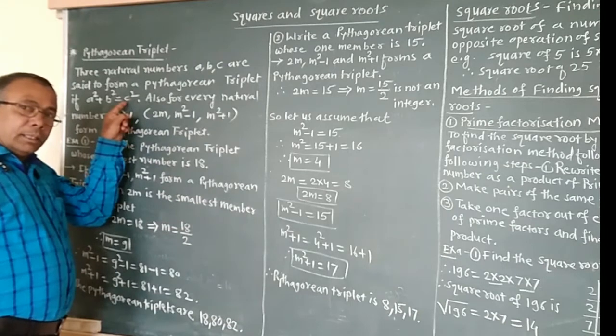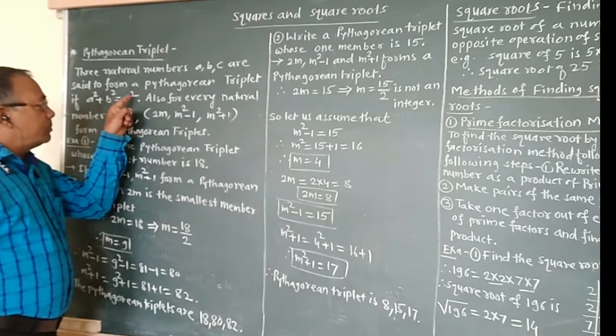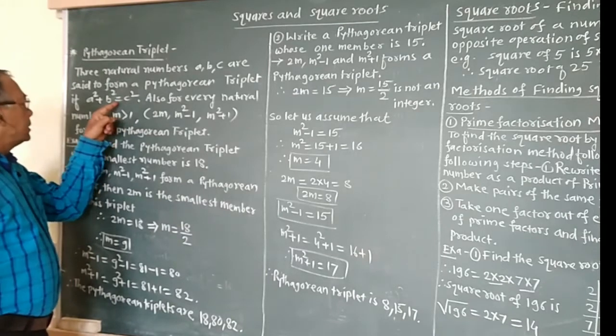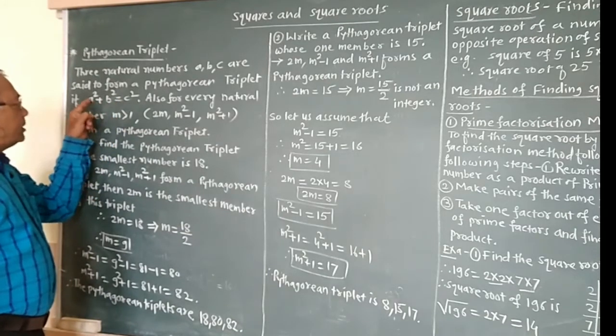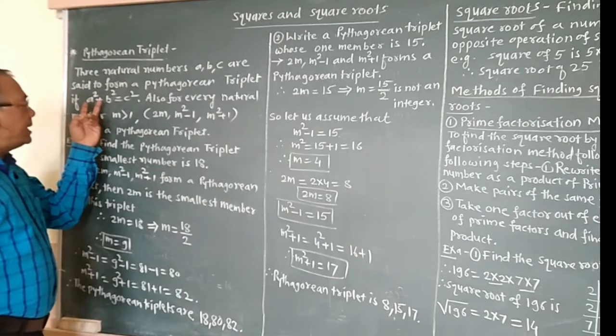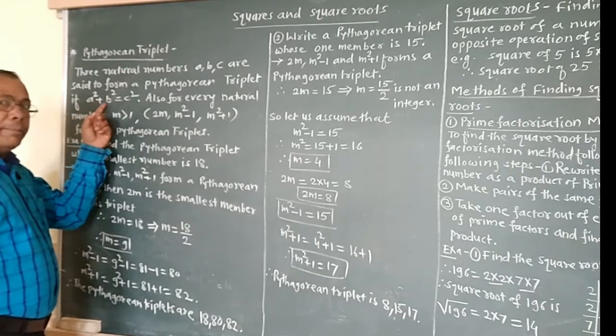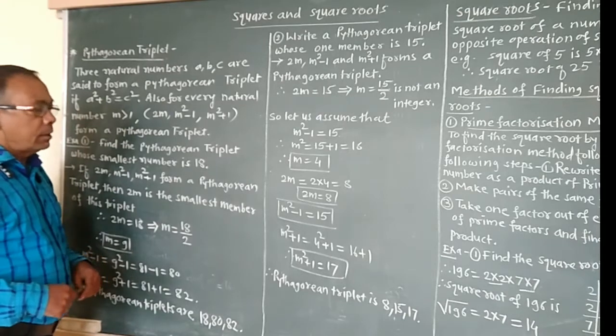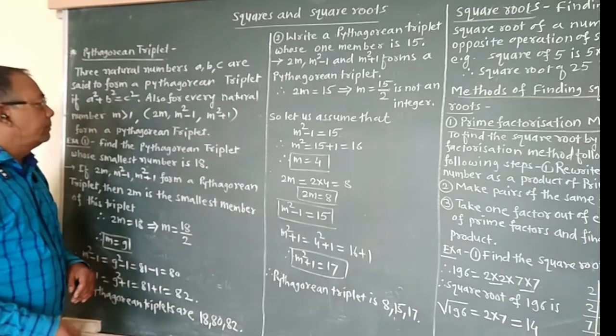Here C square means the square of the hypotenuse is equal to the sum of the squares of the remaining two sides, meaning A and B are the two legs of the right angle triangle.